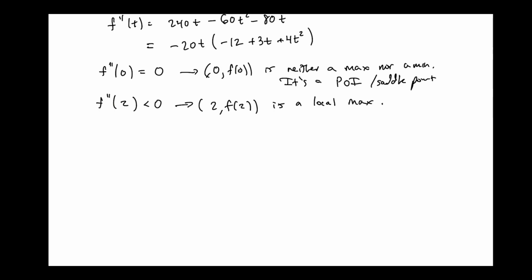Okay, so let's do the same thing with minus 3. Again, I just care about the sign, so I plug it into the first part. This first part's going to be positive for sure. Minus 3 squared is 9 times 4 is 36. So we got 36 minus 9 minus 12, definitely positive.